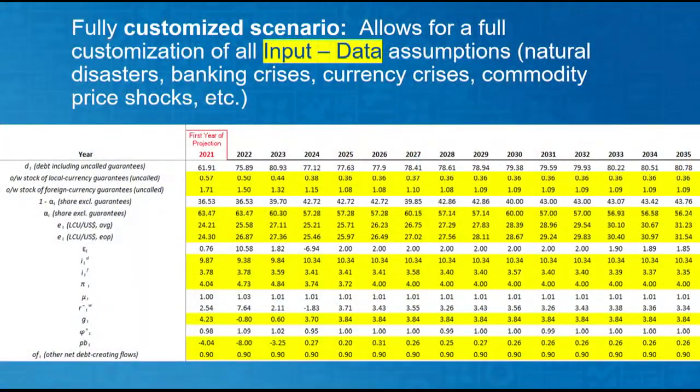The DDT also allows for a fully customized scenario in which the user can change all the assumptions in the baseline scenario. These have been used, for example, to look at the impact on public debt of natural disasters, banking crises, currency crises, commodity price shocks, and any other scenario that you think could have a large impact on public debt.